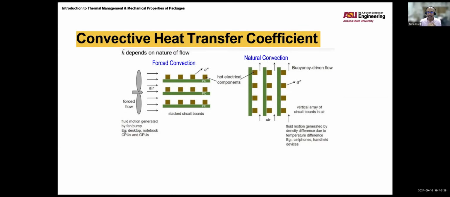Every now and then you can feel your cell phone get hot, unfortunately. Now again, two types of flow: forced convection, with the fan, and natural convection. Handheld devices, small devices.